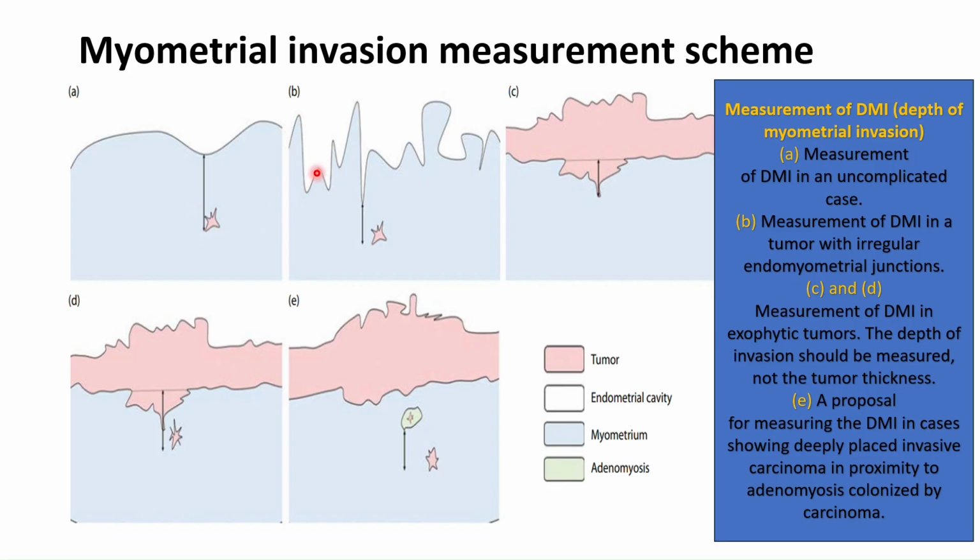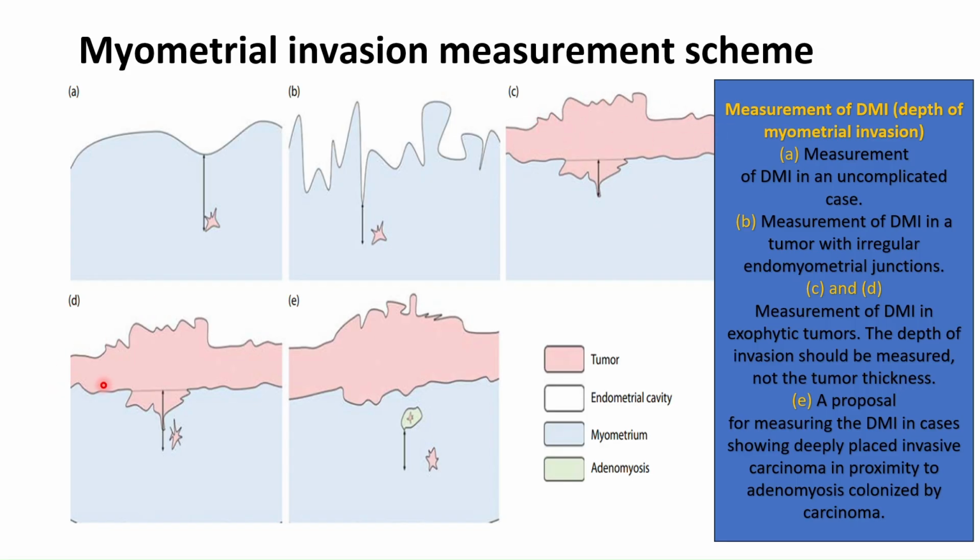Suppose the endometrial and myometrial junction is irregular, then we have to measure from the deepest point of the junction to the tumor for this DMI. And in case of exophytic growth, see this is the tumor portion, this is myometrium. So this is the endometrial and myometrial junction, and here this is the exophytic growth.